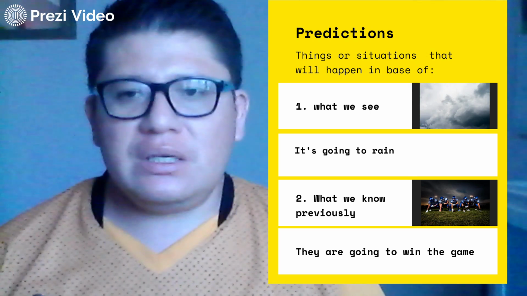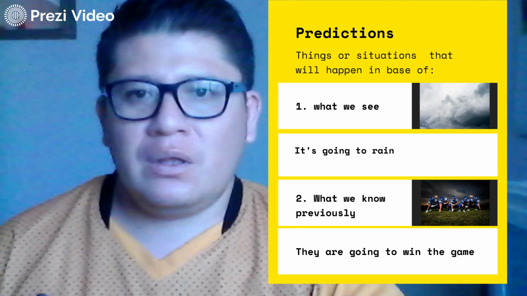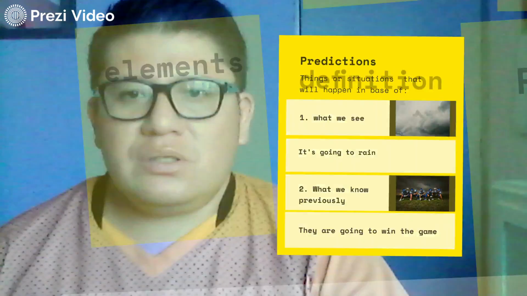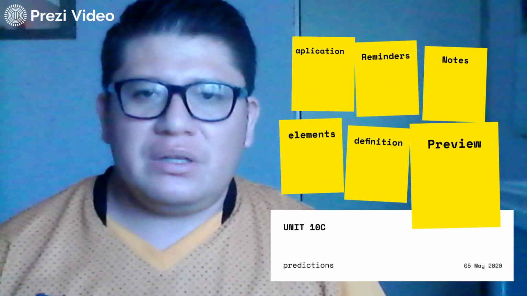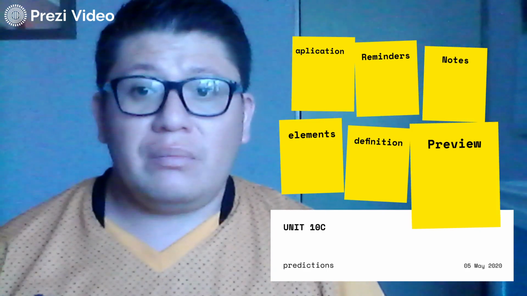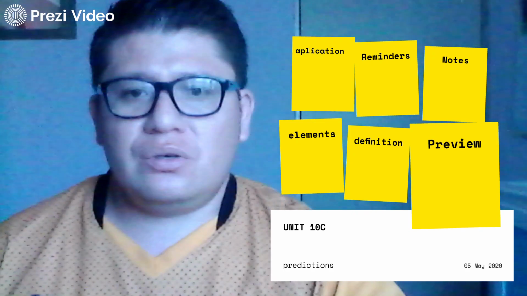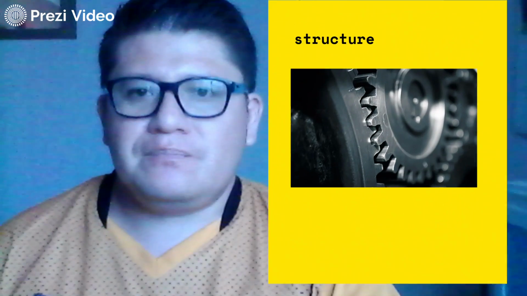So these are some examples of predictions in the future. To form predictions in the future, you have to use some elements to form the structure. Now I will show you these elements.